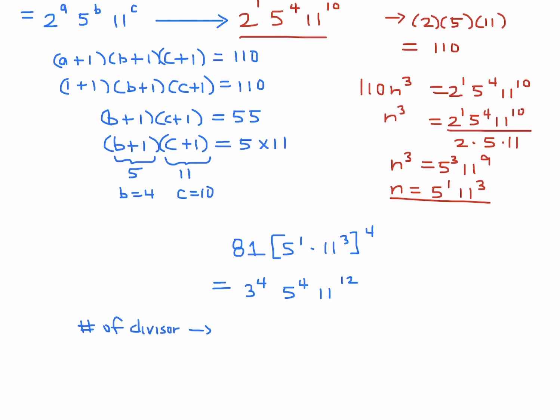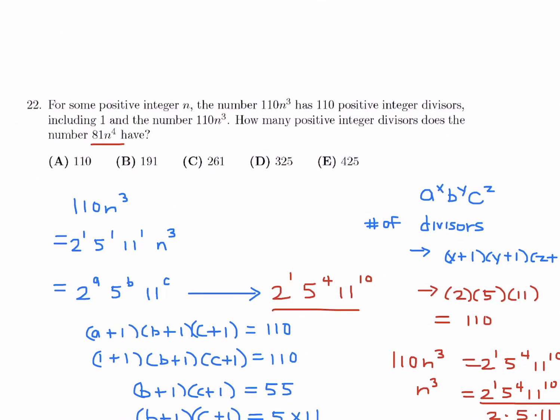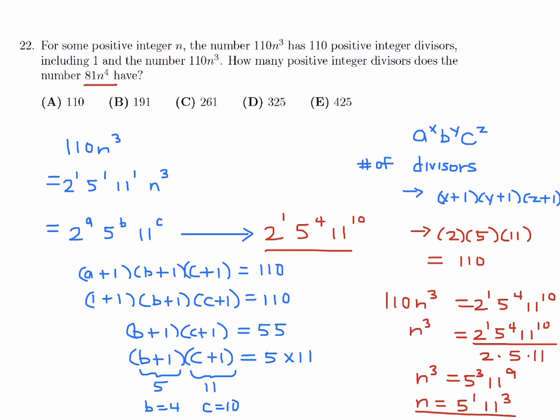It'll be 4 plus 1 times 4 plus 1 times 12 plus 1. And that looks like 5 times 5 times 13, 25 times 13, which is equal to 325. And that is the answer to this question. Number 22 is D.